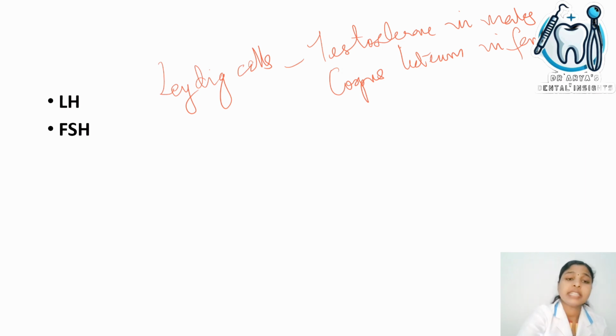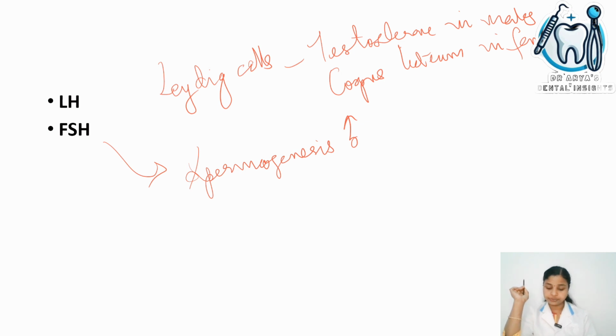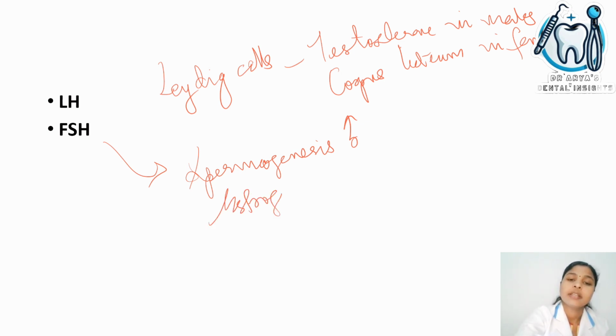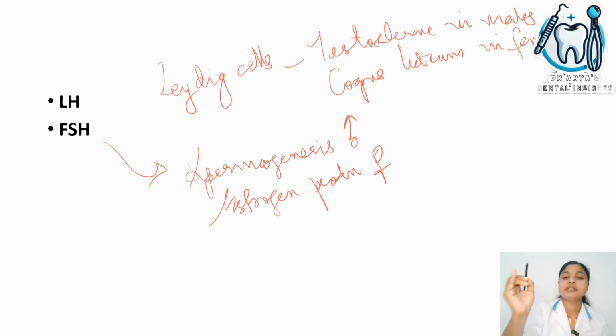Okay, so that is the role of LH, testosterone in males and corpus luteum in females. And what does FSH do? It promotes spermiogenesis in males and estrogen production in females. So what does LH do?